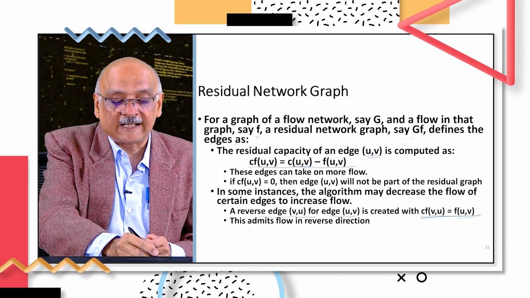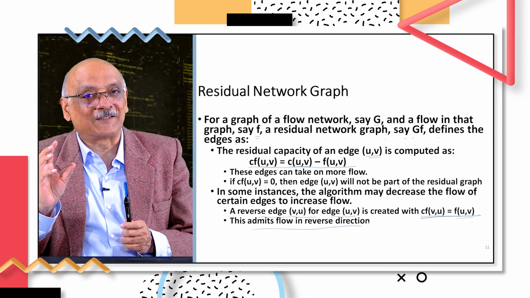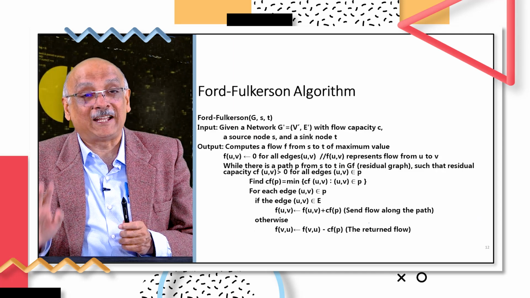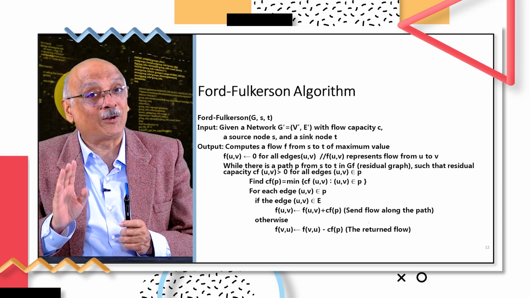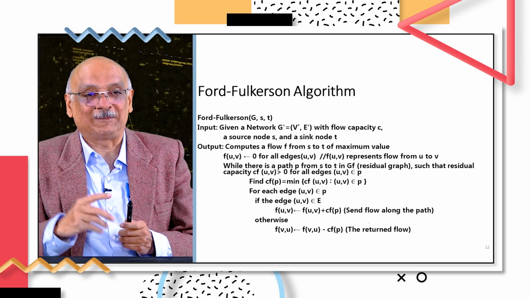So this admits flow in the reverse direction. It's a very interesting concept. Let's look into the example, then only you will understand it. But before the example, let us look into the Ford-Fulkerson algorithm first.